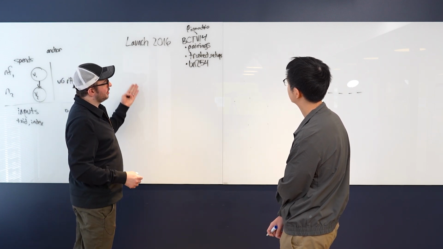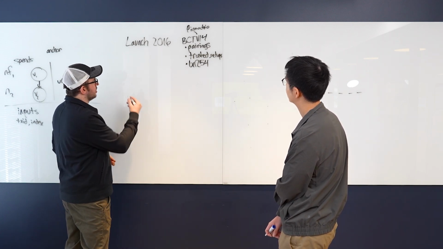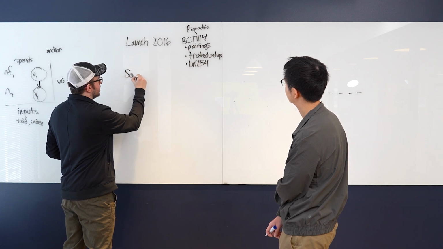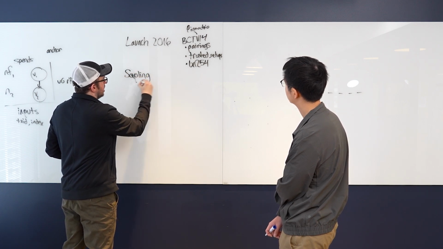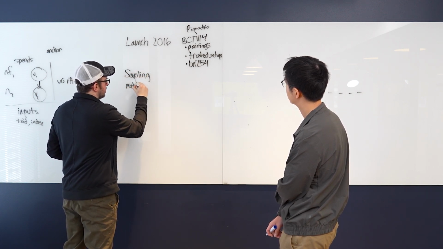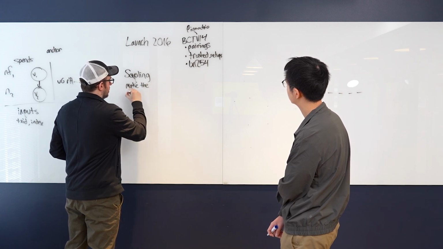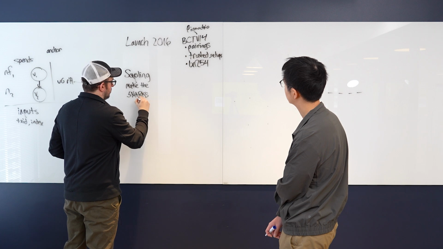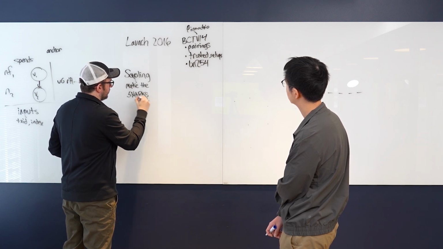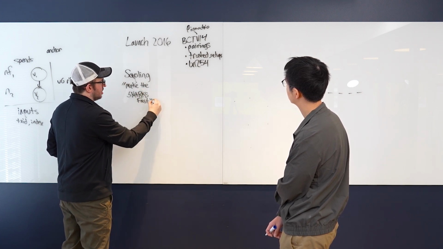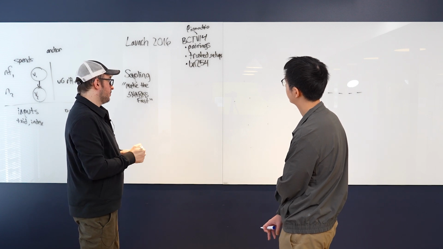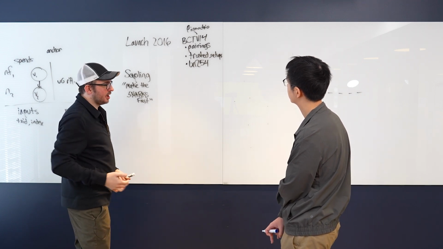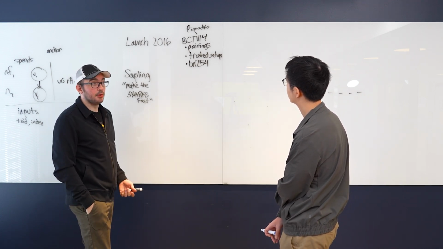So fast forward, we do some research and we figure out that we're going to do a new version of the protocol called Sapling. The goal of Sapling was to make the SNARKs a lot faster than they are. In fact, make them so fast and so efficient that you can create them on your phone.